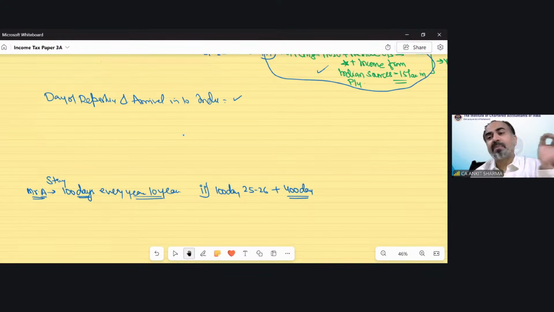So the day of departure and the day of arrival in India will be assumed as a full day stay in India. For example, suppose somebody is coming into India at 11 p.m. tonight. So technically for today, he is only 1 hour in India. But for the purpose of calculation, we will consider the full day of today as he is staying in India.